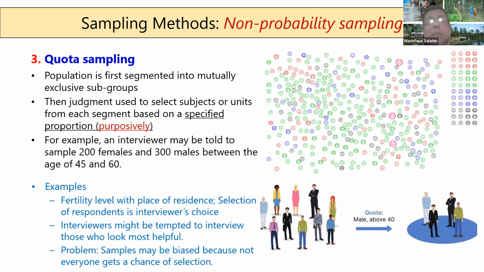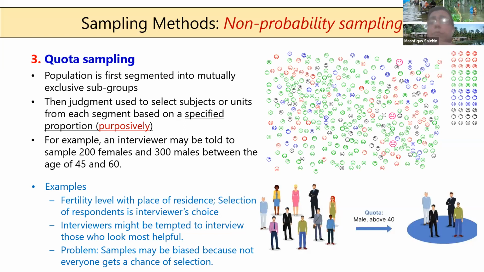And then one non-probability sampling method, which is very similar to a probability sampling method, the stratified random sampling method. We'll come to that. This is called quota sampling. You can imagine your population, as I said before, will have different types of characteristics.